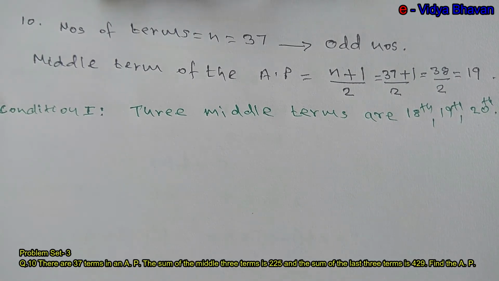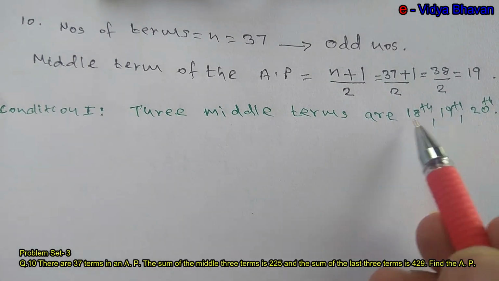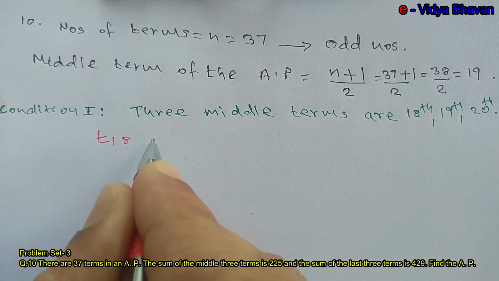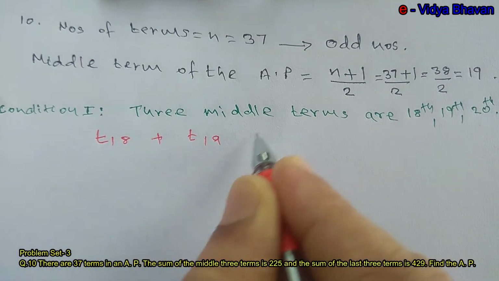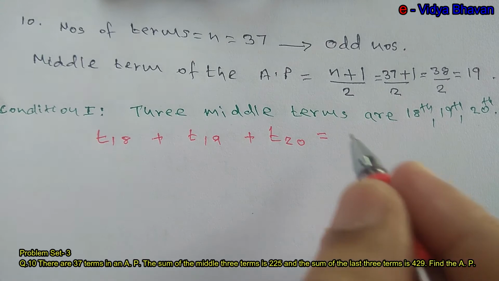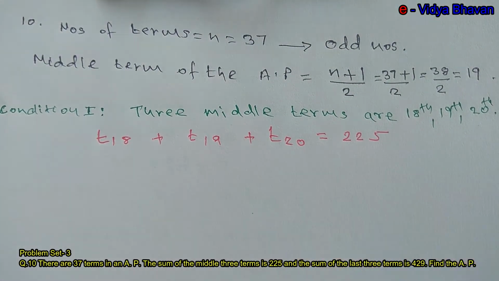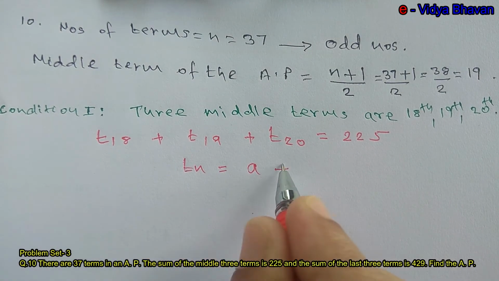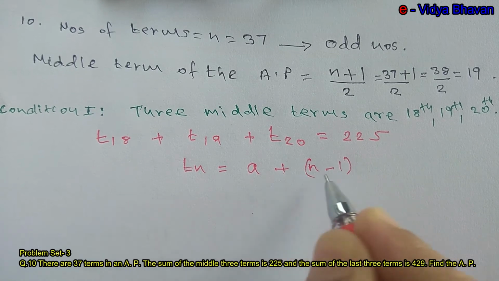Now what it says, the sum of the middle three terms is 225. So the sum of these three middle terms, that is T18 plus T19 plus T20, is equal to 225. So we can proceed with the formula of the nth term, Tn is equal to a plus (n minus 1)d.